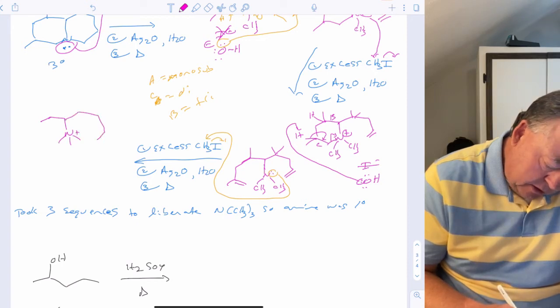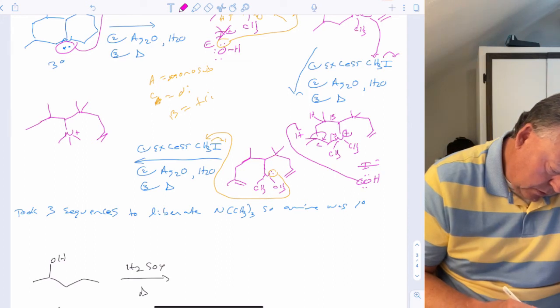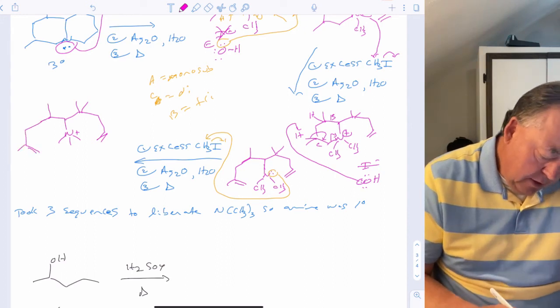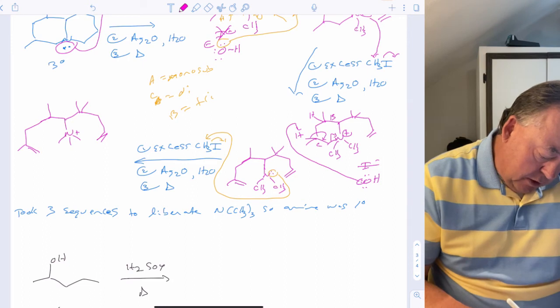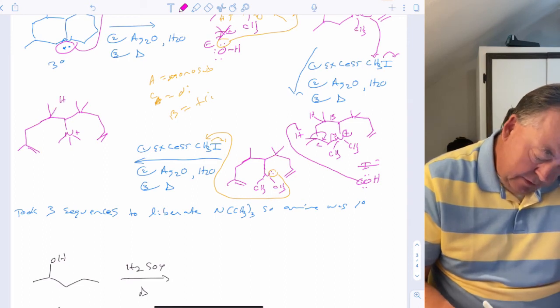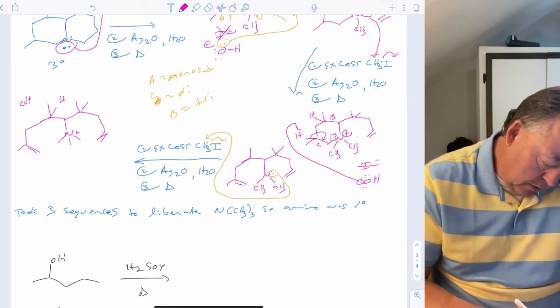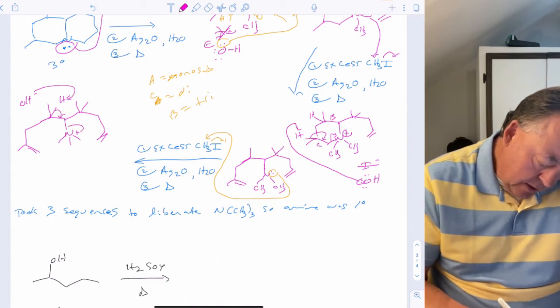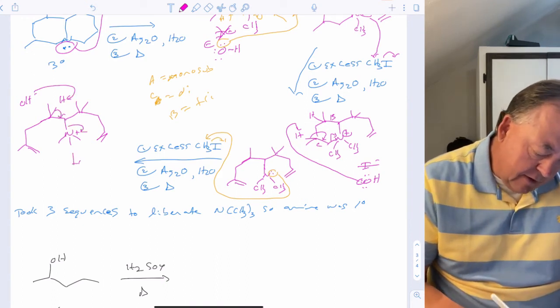Right now your amine is quaternary again. And now we're going to take the hydrogen from here. Those electrons go there. And now trimethylamine comes off.